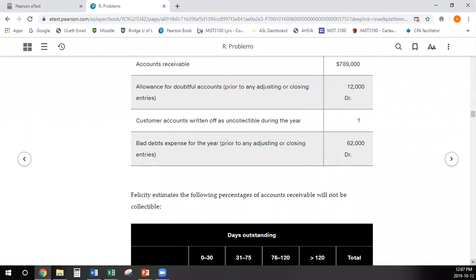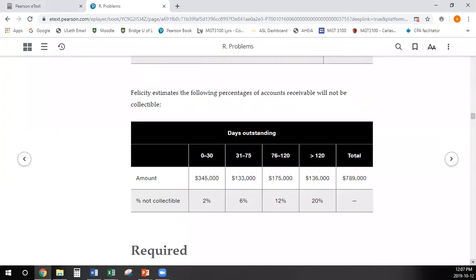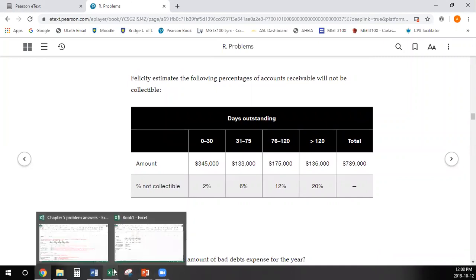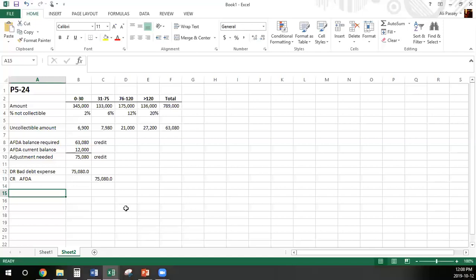So the required for this question was, what should the amount of bad debt expense for the year be? We know how much the allowance for doubtful accounts should be, but what should the amount for bad debt be?